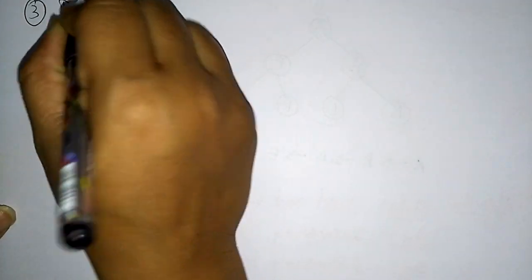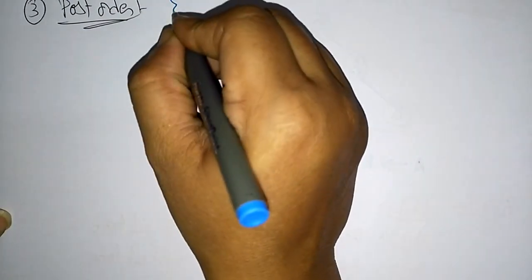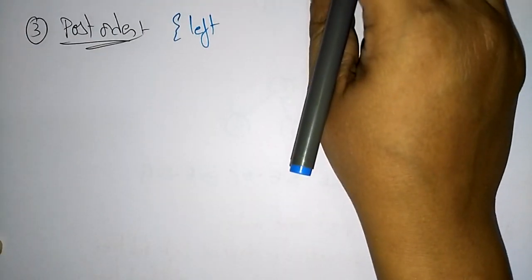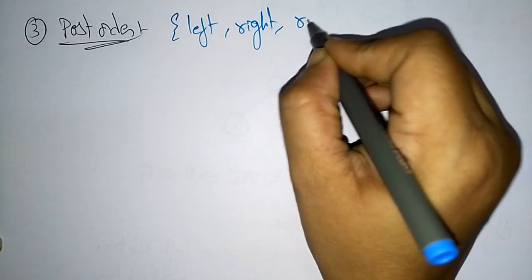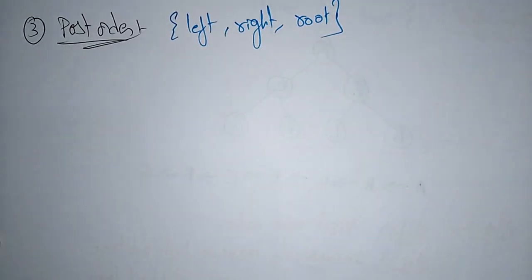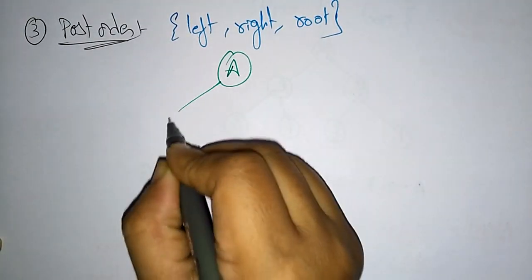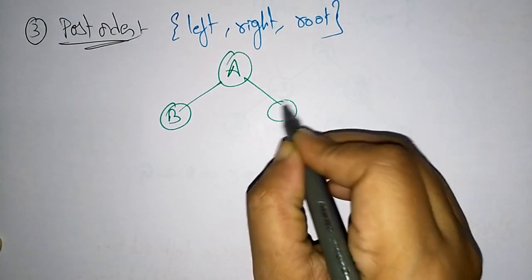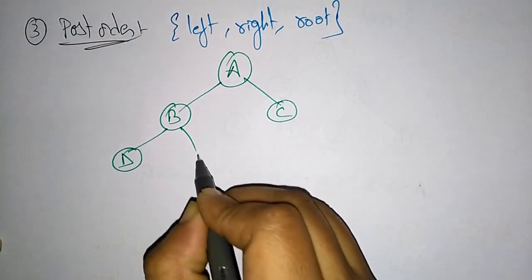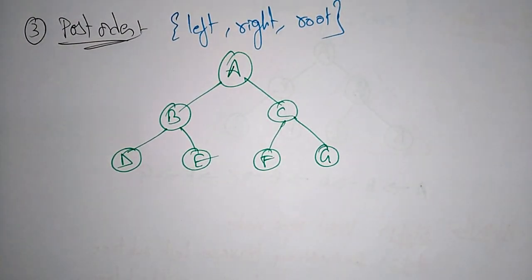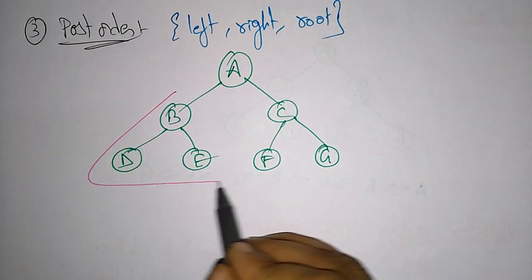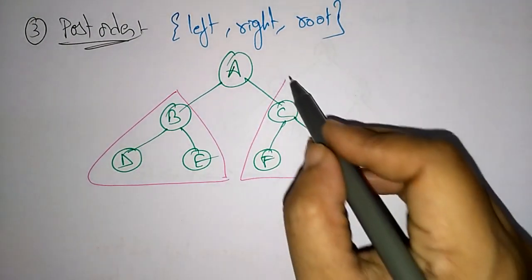The third strategy is the Postorder. For Postorder, first we have to visit the left child, first left and then right. After that, root. Take the same graph, A, B, C, D, E, F, G. This is the left subtree and this is the right subtree.